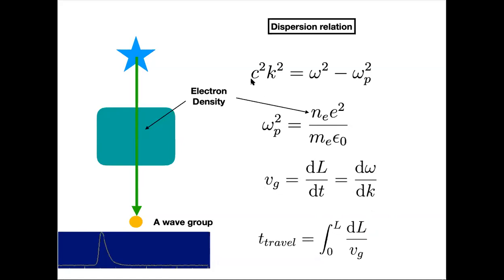So if I know the dispersion relation, I can calculate the group velocity. And once I know the group velocity, I can calculate how much time the pulse will take to come from there to here. So if this distance is L, then the pulse travel time will be given by this. This is nothing but dl equals vg dt, and then integrated over.